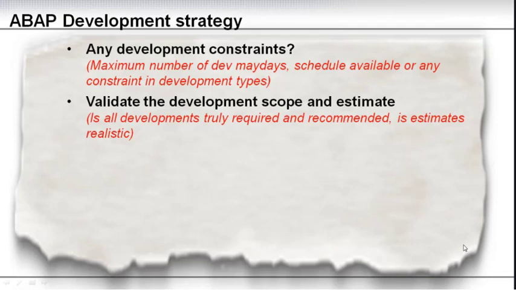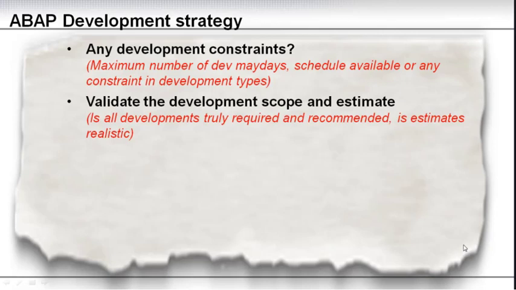Now, the functional team will be very focused on the business requirement, and even though you already set the direction when you initiated the project that you are going to use standard SAP as much as possible, you need to make sure that you do a validation. Are all the developments truly required and recommended? It might be desired and signed off that we need this for the design, but is it truly recommended?